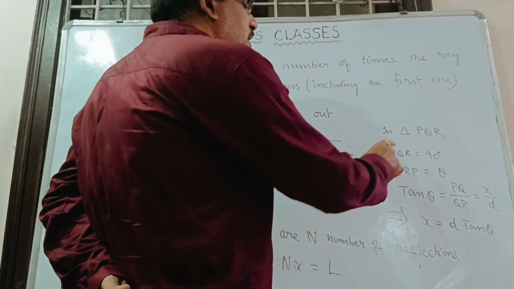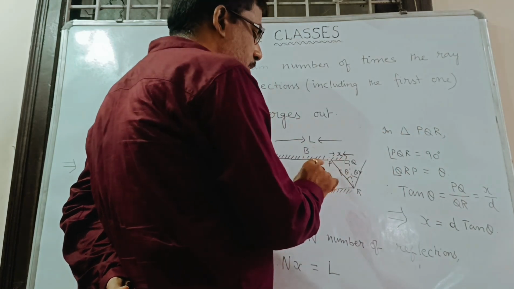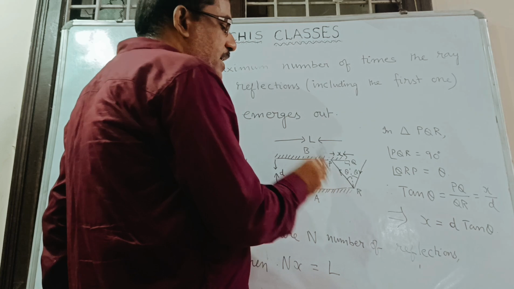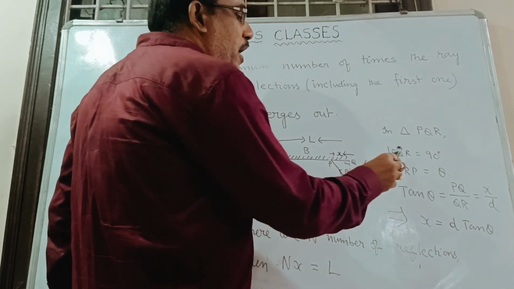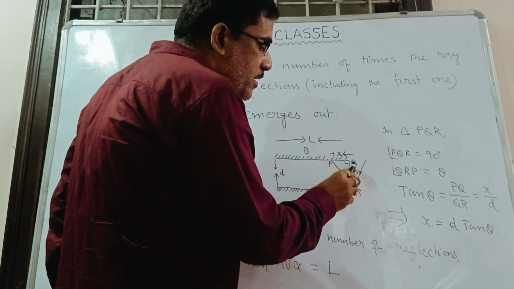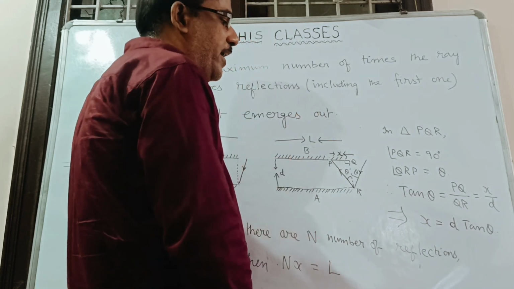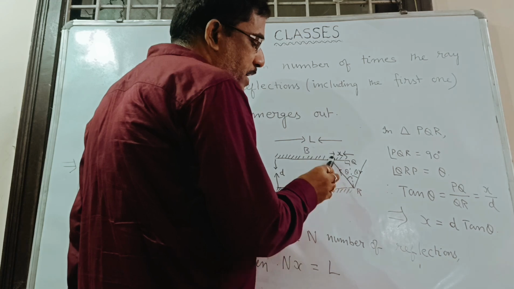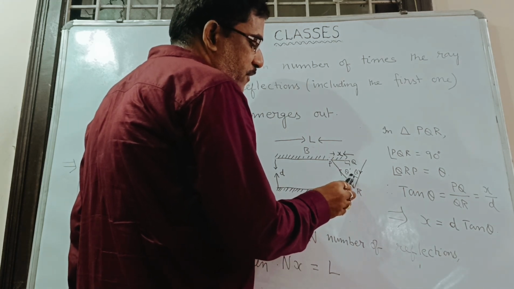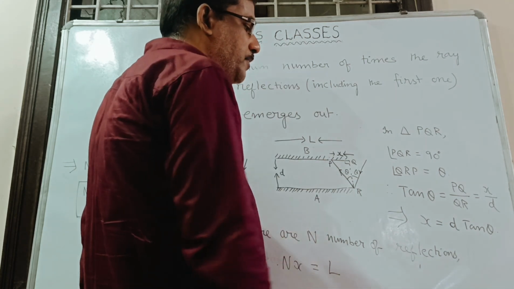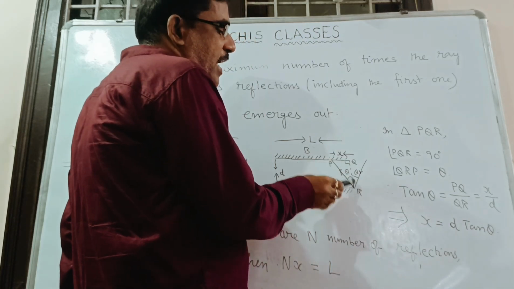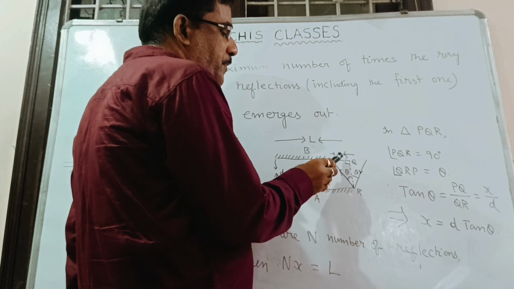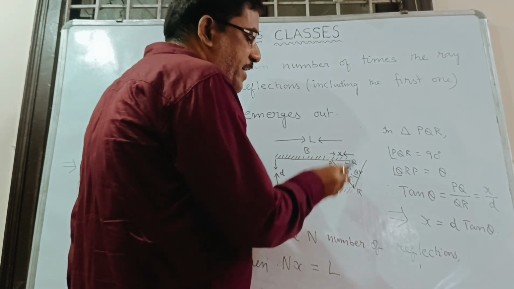Now observe the triangle PQR. In this triangle, angle PQR is 90 degrees. Right angle triangle. Angle QRP is the angle of reflection, this is theta. Now let us calculate tan theta. Tan theta is nothing but opposite side by adjacent side.